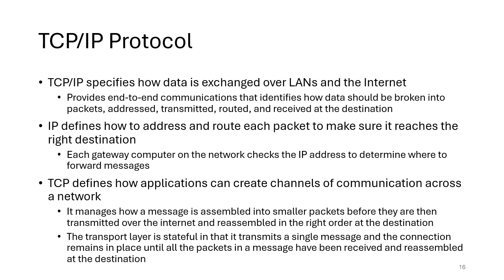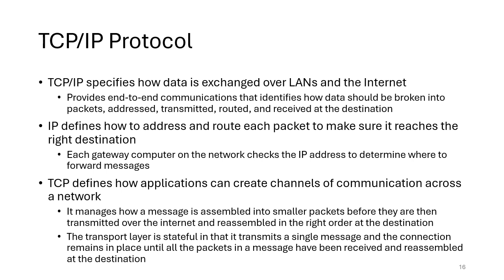So TCP manages how those different packets are reassembled so that you get the right file in the right order and it's not just chopped up into something that's meaningless. Now TCP is stateful in that it transmits a single message, and then based on that message and the initial communications, the connection remains in place until all packets have been received and reassembled, and then the transport layer can close that state of communications.